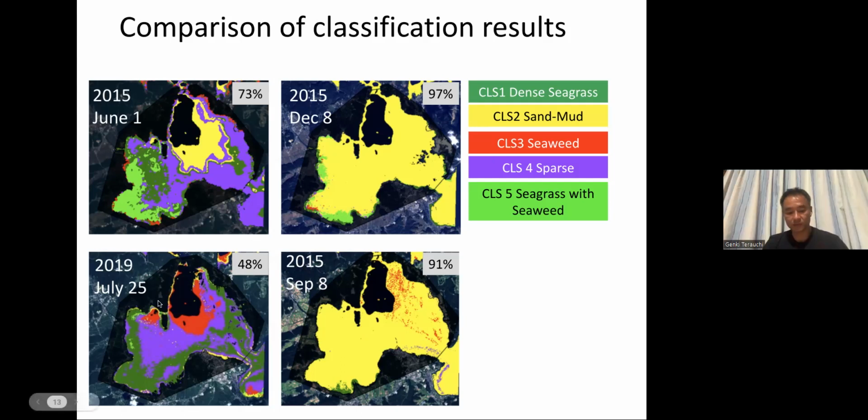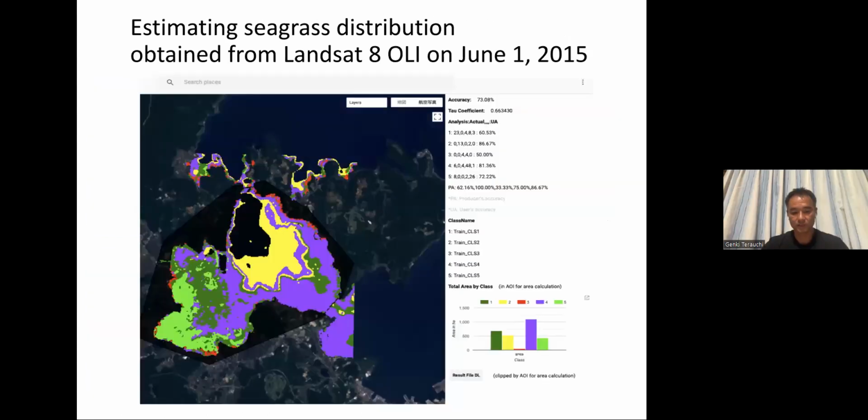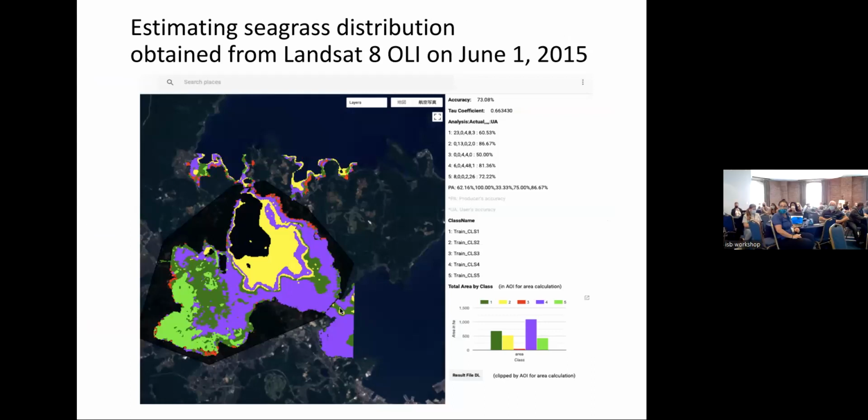So I had to somehow correct the training data set, maybe merging or deleting class 3, so that I can achieve better overall accuracy. So I'm just saying that I need further adjustment to estimate seafloor with better accuracy.